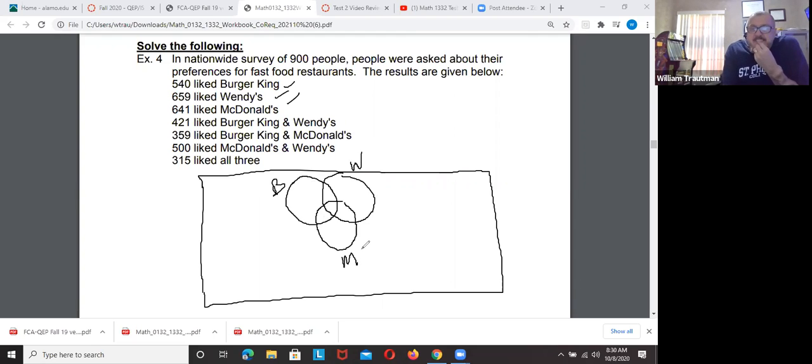Now, once again, the way that you start this is always with what's both or all of them together. And here it is. This is all 3. So I'm going to put the 315 like all 3. If you look, I'm putting a 315 right there in the center. It's in the Burger King circle, it's in the Wendy's circle, and it's in the McDonald's circle.